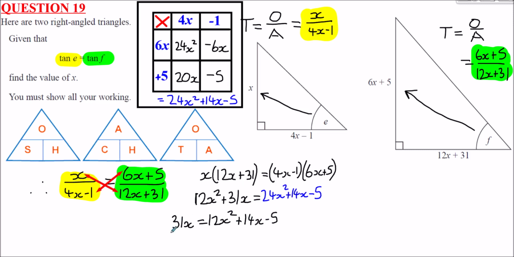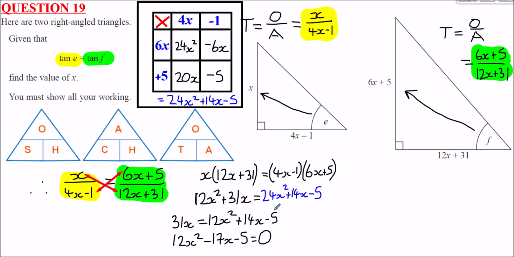Finally, if I take away 31x from both sides, I end up with 12x squared, 14 take away 31, check on a calculator, is minus 17x minus 5 equals 0. So that is now in standard quadratic form, which we can solve by factorising, if it will factorise.